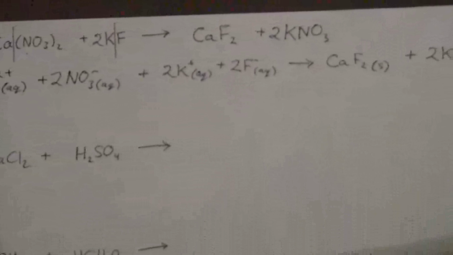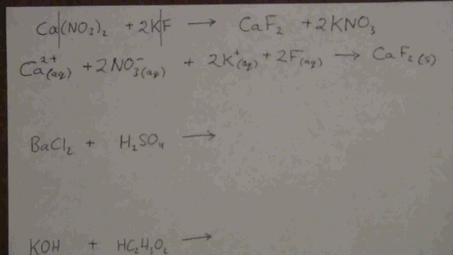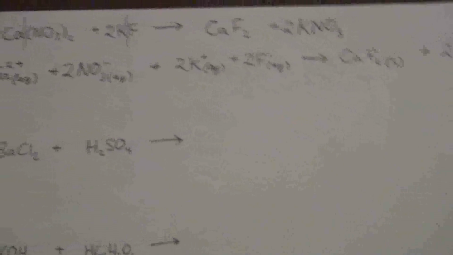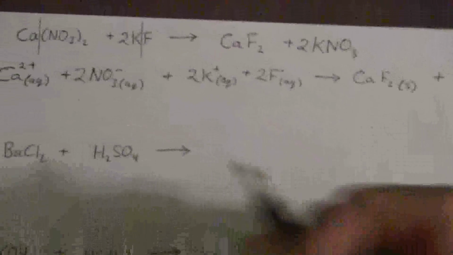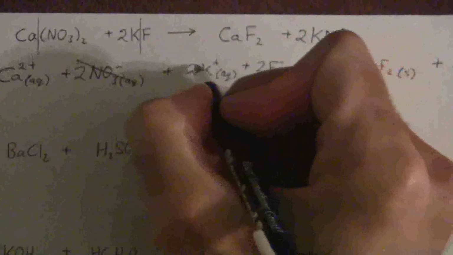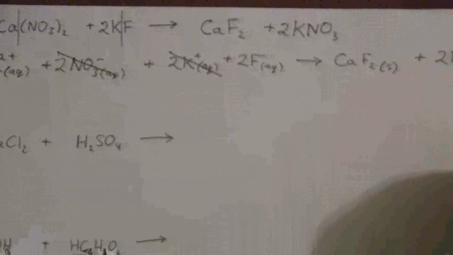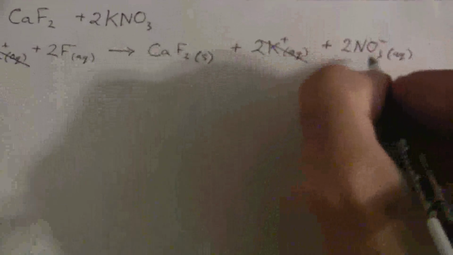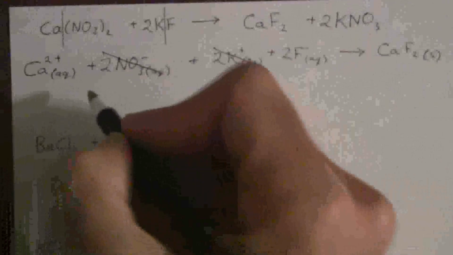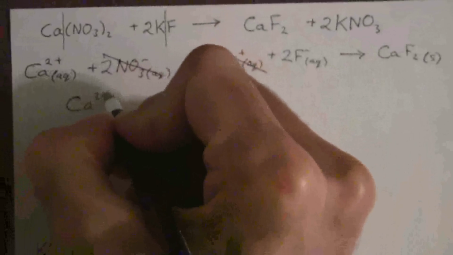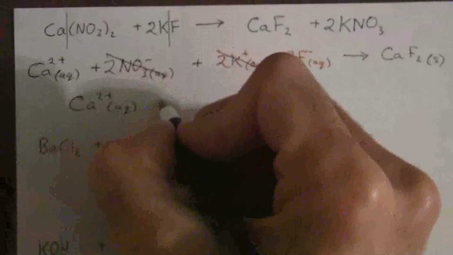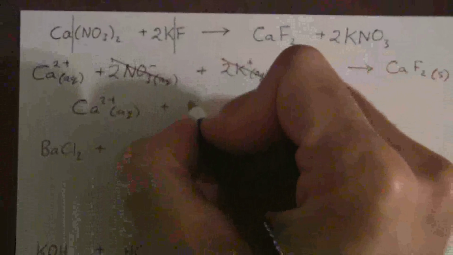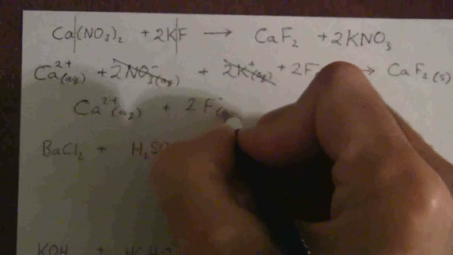All right? And what we need to do now is to look at this and say, okay, what ions are the same on the left as on the right? What we find is, we just saw the 2 nitrate and the 2 potassium ions there. Those will cancel out, and in the end I have calcium plus 2 fluoride ions. Okay.